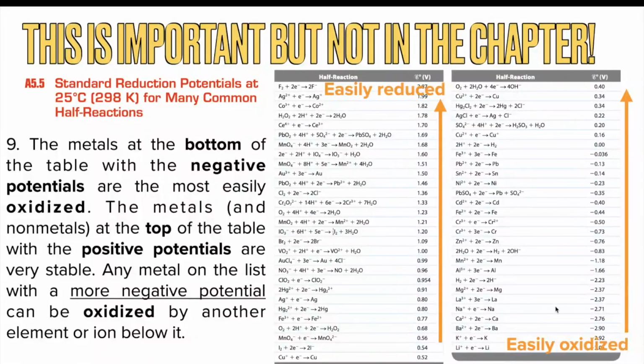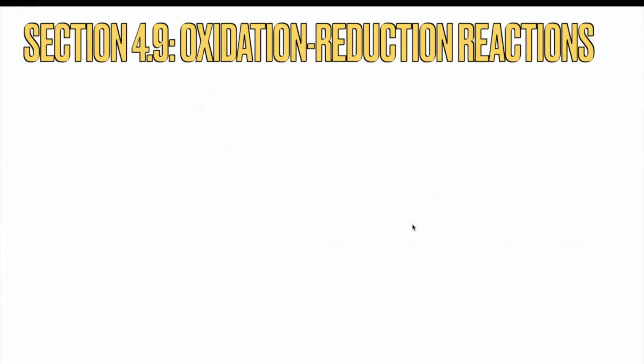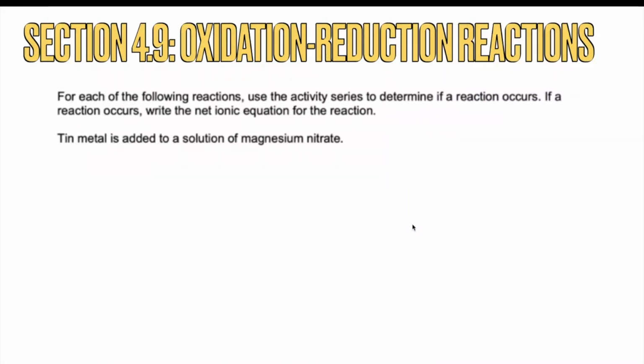But that doesn't go the opposite direction. That means that you cannot have something with a more negative potential being reduced. For this example, we have tin and we're mixing it with magnesium nitrate. We want to determine, does a reaction occur? And if it does occur, write the net ionic equation for it.